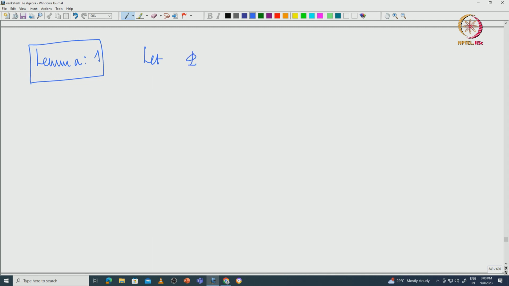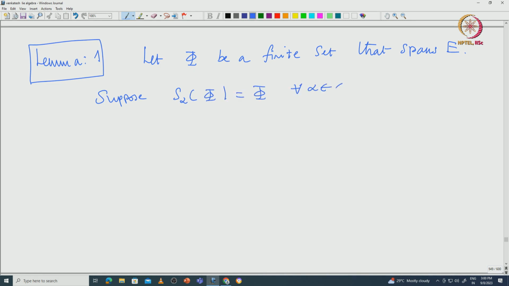So, let phi be a finite set that spans E. Now, we take all the reflections that come from these elements of phi. We assume that phi is invariant under those reflections. Suppose S alpha of phi is equal to phi for all alpha in phi. So, let us assume this.